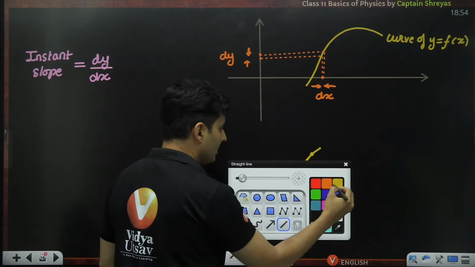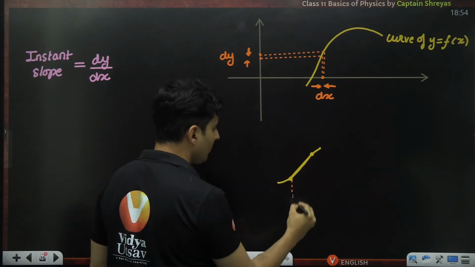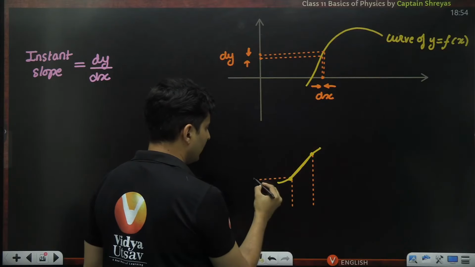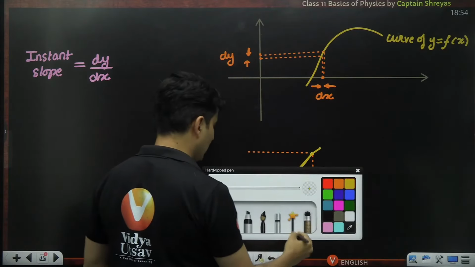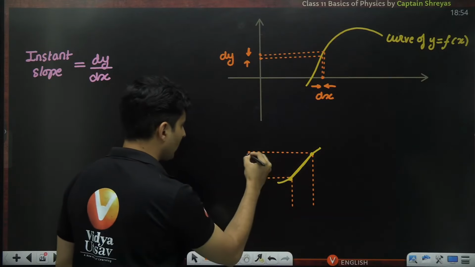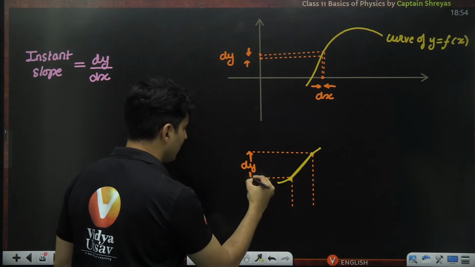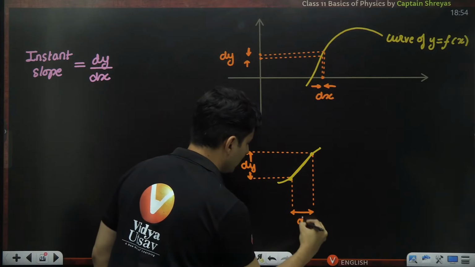The distance between these two points, like this here, let me put it here, guys. This was basically dy, is that right? And this was basically your dx.